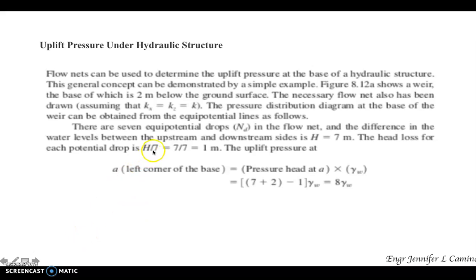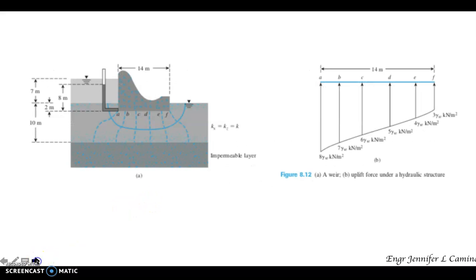Basically, this is the difference in elevation over the equipotential drop. We have drawn here our original figure, and figure B shows the uplift forces under the hydraulic structure.